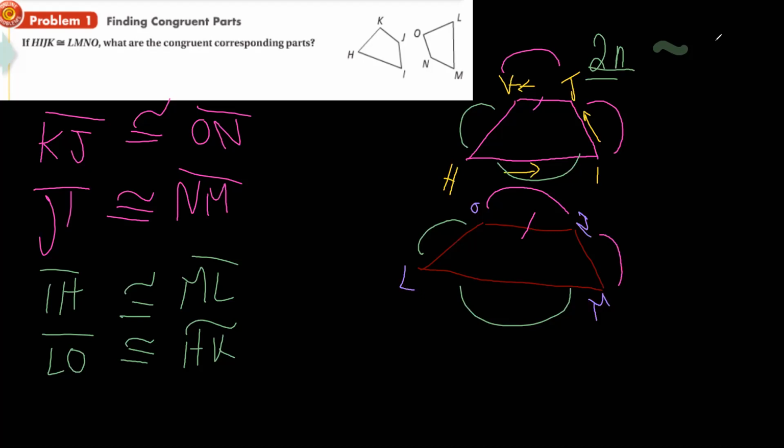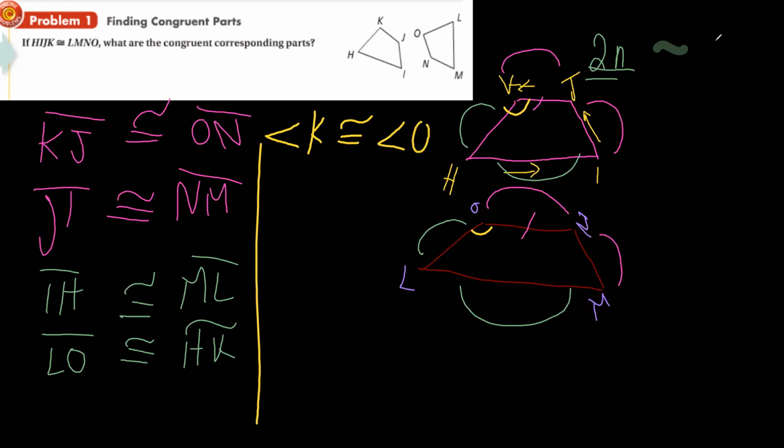So after I wrote now all the sides, I have to write all the angles. Then I will say angle K corresponds with angle O. And angle J corresponds with angle N. As you see here.